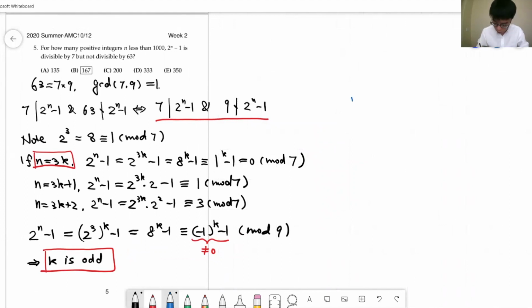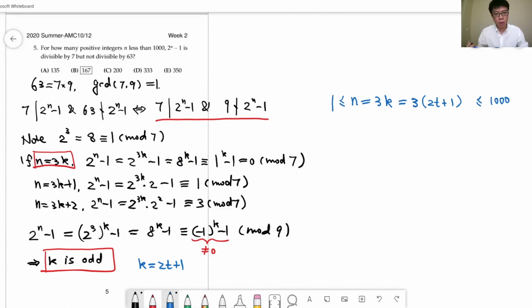So let me do it here. n equals 3 times k. So let's take k equals 2t plus 1, right? This is the formula for an odd number. And this number is positive, larger or equal to 1, and less than 1,000.